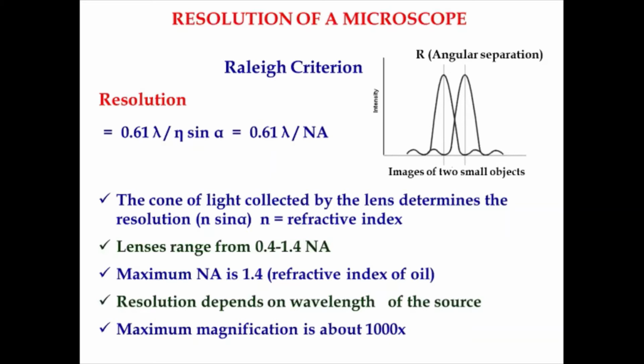Empirically, the Rayleigh criterion gives the resolution as 0.61 lambda divided by n sine alpha, where lambda is the wavelength of the incident radiation, n is the refractive index of the lens material, and alpha is the angle subtended by the radiations.